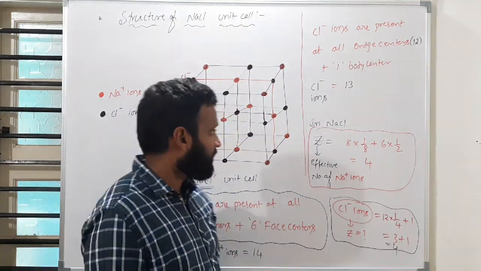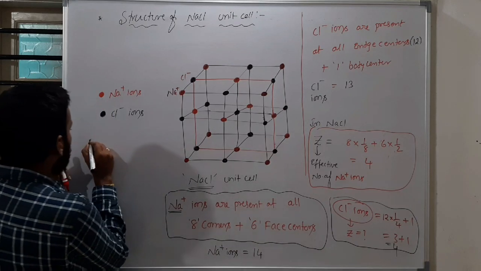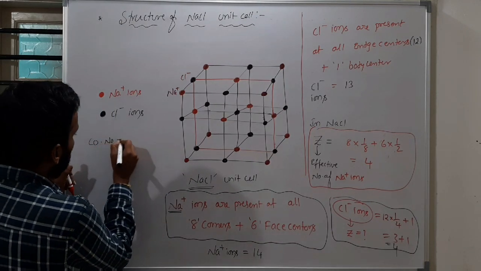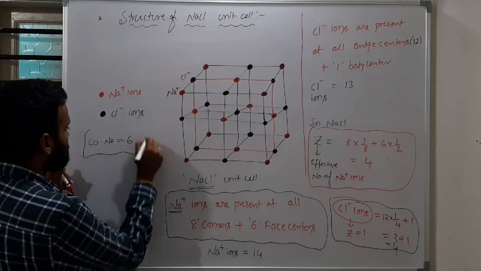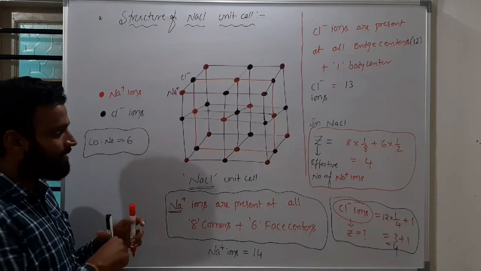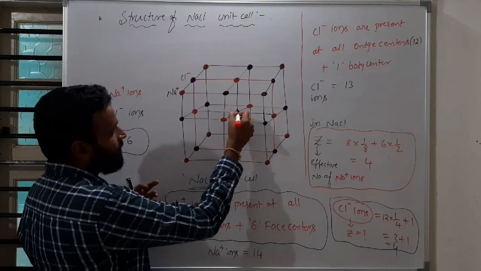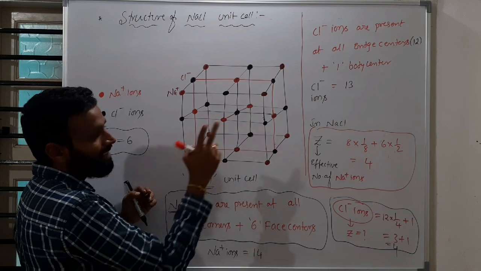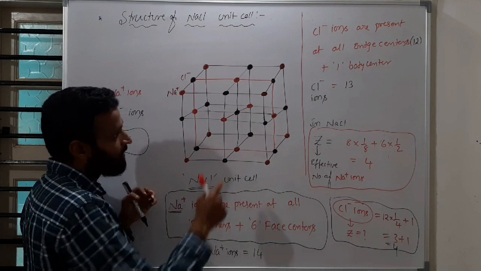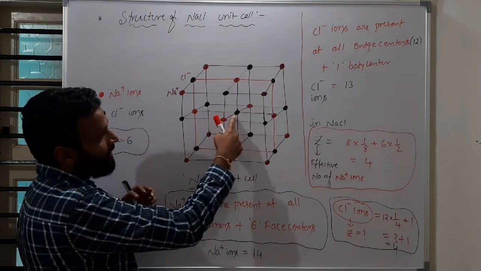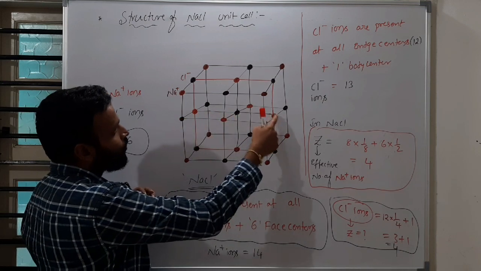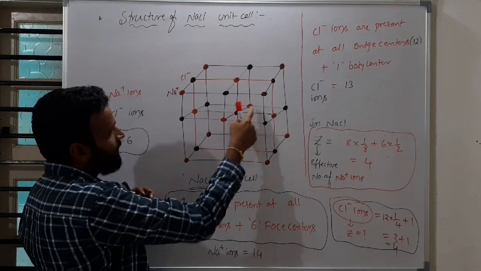Getting? So in NaCl, what is the coordination number? The coordination number is 6. Simple, I will tell you one example. Around this Cl minus, how many Na plus are there? Red color spheres, how many are there? Around this Cl minus ion you can check: 1, 2, 3, 4, 5, 6.